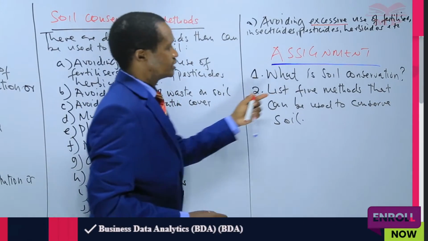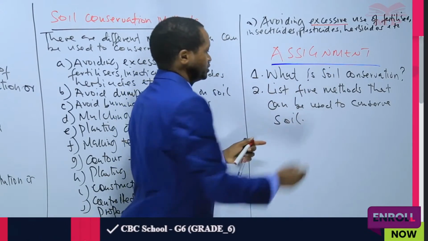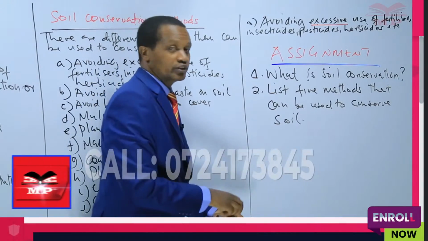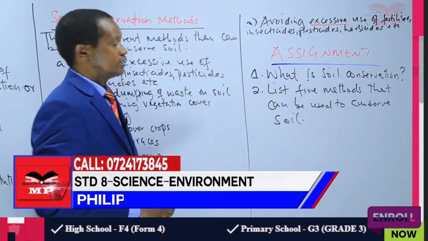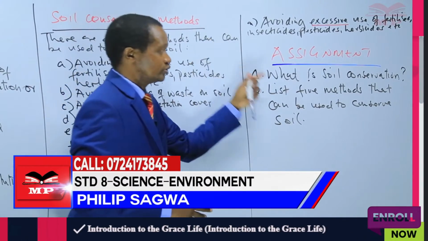Question 1, what is soil conservation? Question 2, list 5 methods that can be used to conserve soil erosion. Go through the video once more, then close your exercise books and then do the assignment.